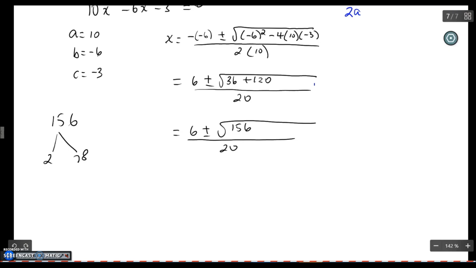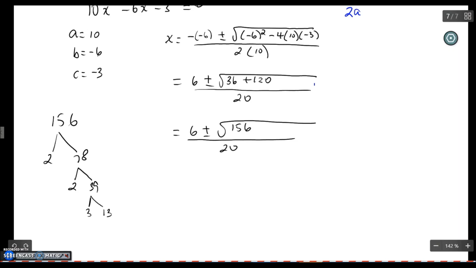I just know I can divide 156 by 2 because it ends in an even number. So 156 divided by 2, just double checking my arithmetic, is 78. I can divide 78 by 2 as well, and I get 39. Now 39, I could write that as 3 times 13.